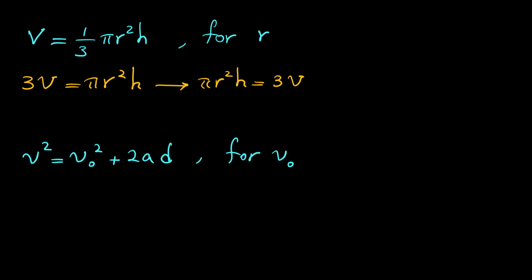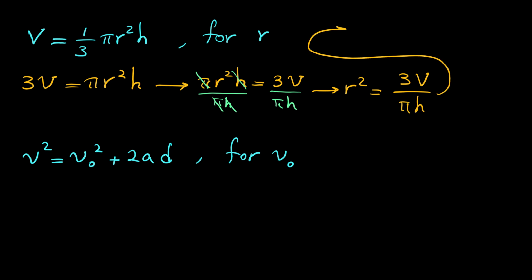If we divide both sides by pi h, pi with pi, h with h cancels, and then we have r to the 2 is equal to 3v over pi h.